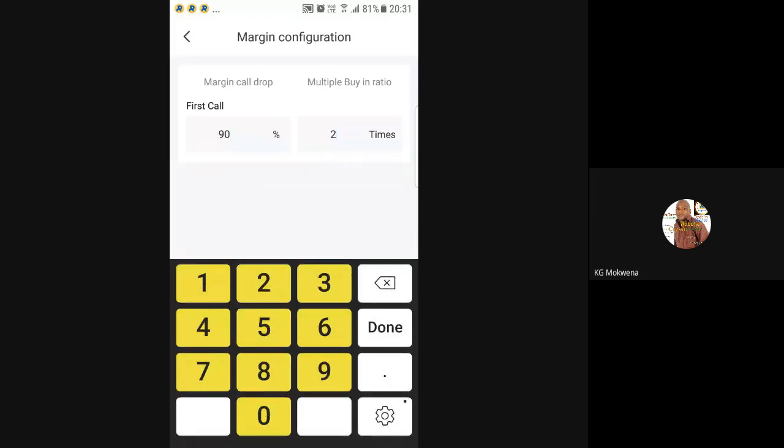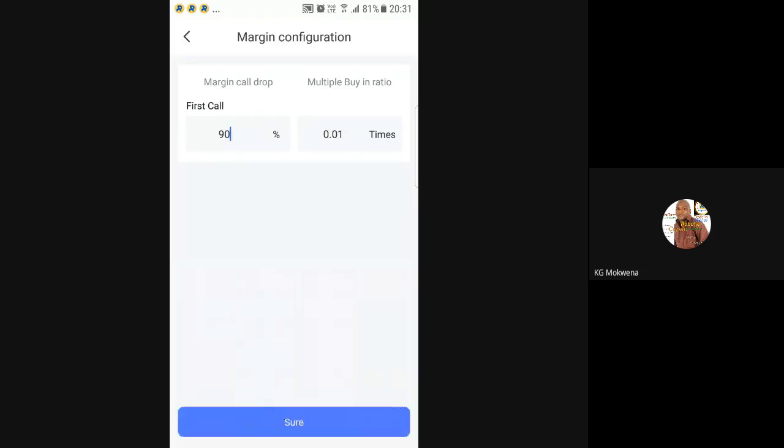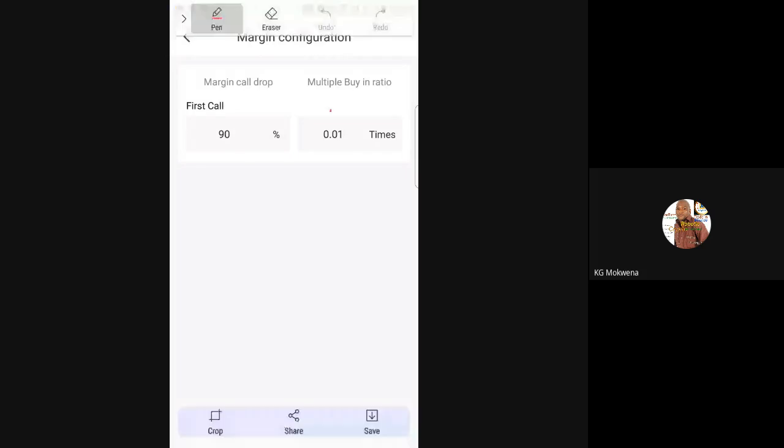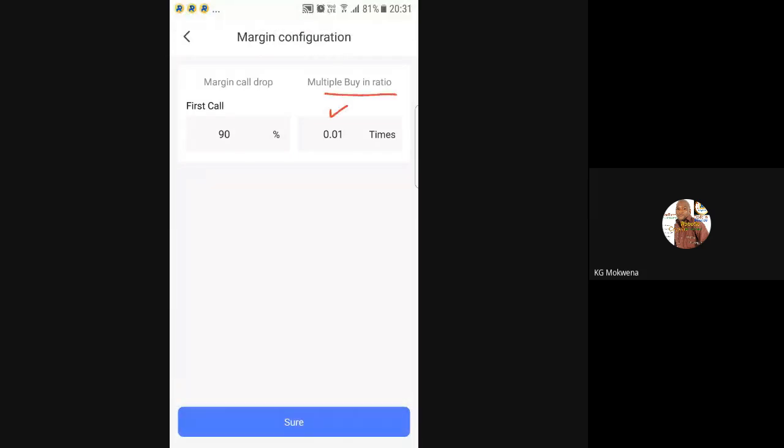Now look at that, 90%. And then I will just put a smallest percentage here, 0. Okay, let me say 0.01. And then this is according to the first buy-in amount, this one. It's multiple buy-in ratio.